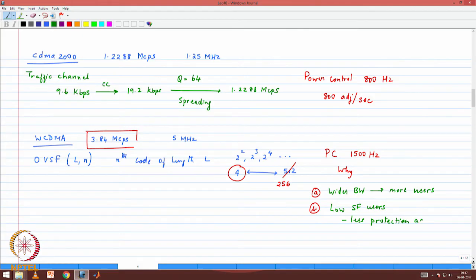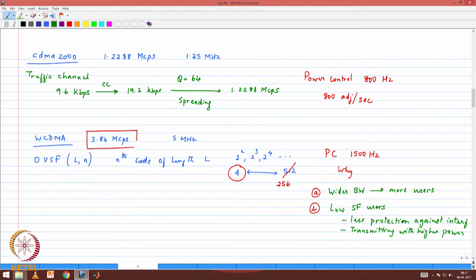So again, once you understand CDMA at an intuitive level, it starts to become very, very interesting. So they are transmitting low spreading factors, they are transmitting with higher power, so you want to control them more tightly. Okay, so everything that you have studied in digital communications is embedded here. You just have to make sure that you catch those interesting elements.